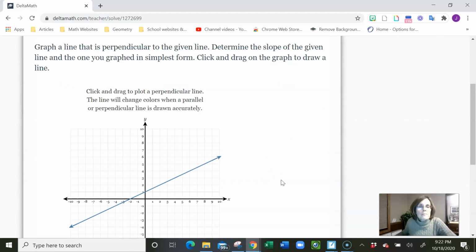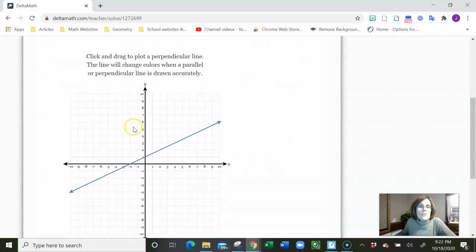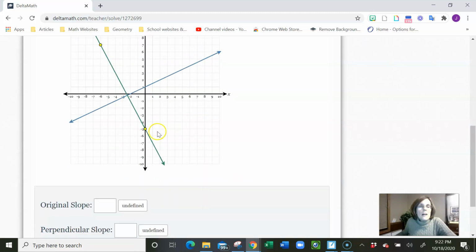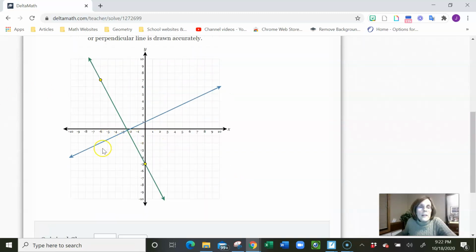Here we go. So I'm going to find a perpendicular line, and again, I can just keep going until it turns perpendicular. Oh, there was my green line right there. So they are going to ask me for the slope of my original line, so my blue line.